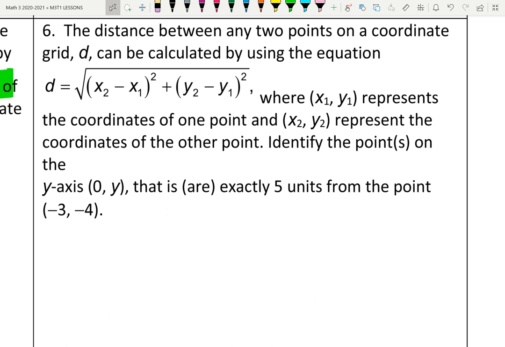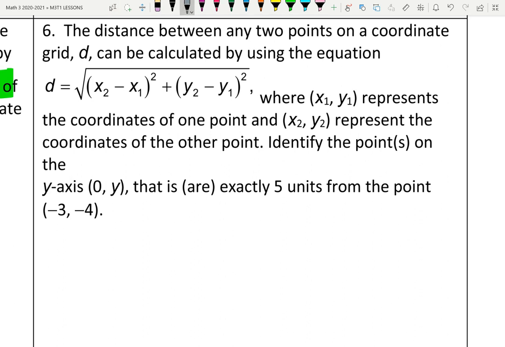Identify the points on the y-axis, (0, y), that are exactly 5 units from the point (-3, -4). So it wants us to find all of the points that are on the y-axis at this point, (0, y), that are exactly 5 units away from the point (-3, -4).